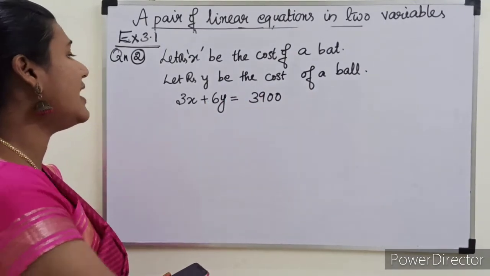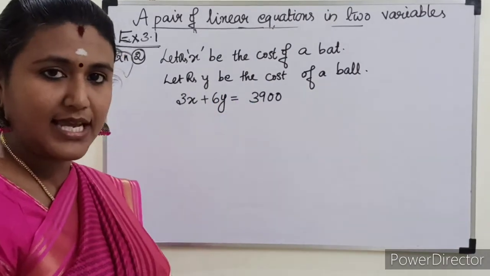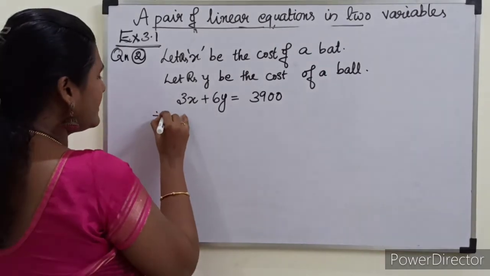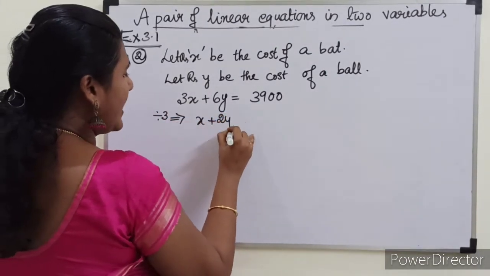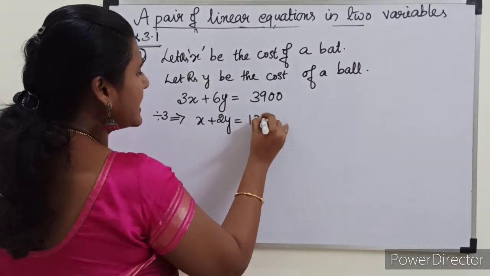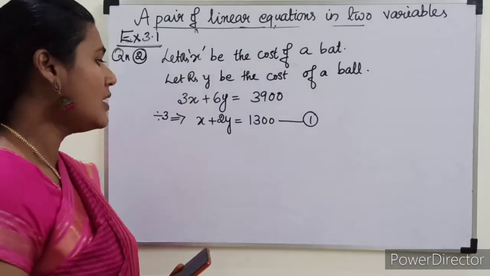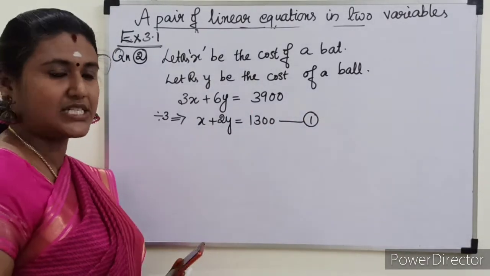We can simplify this equation by dividing by 3. So we will get x plus 2y is equal to 1,300. So x plus 2y is equal to 1,300 is our first equation.